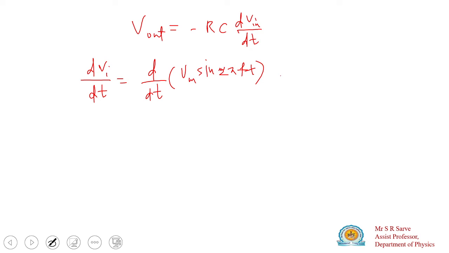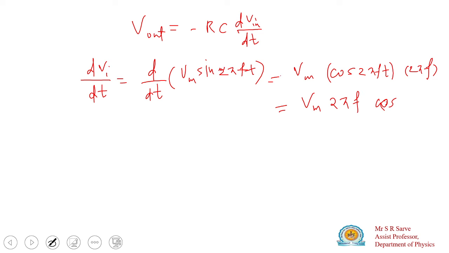So this will give you Vm times the differentiation of sin, which is cos 2 pi f t, into 2 pi f, the differentiation of 2 pi f t. So this will give you the value Vm into 2 pi f into cos 2 pi f t.